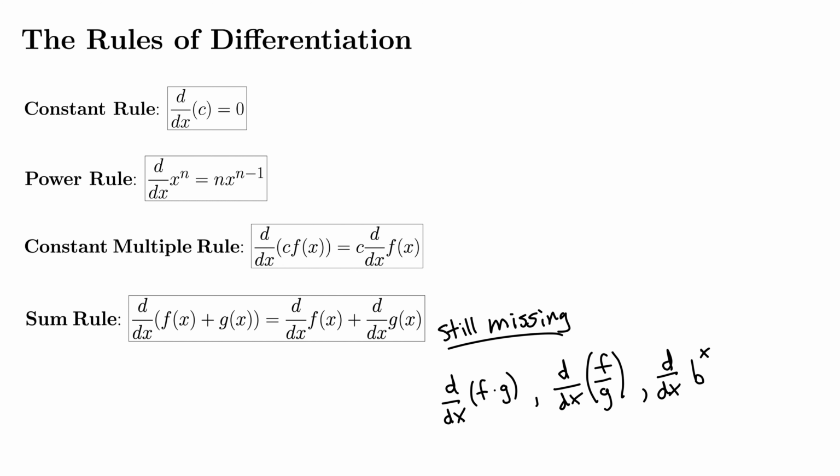We don't have anything about that yet, so that's still missing. Well, we could even go from there. We haven't said anything about trig, natural log of x, etc. So while we have these rules, we're still going to need to develop some more rules and some general derivatives for the trig and natural log to get all of our derivatives. But this is certainly progress, and then the rules for the rest of these will come soon.